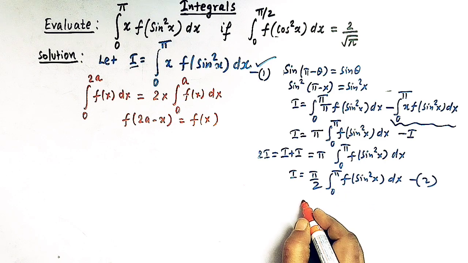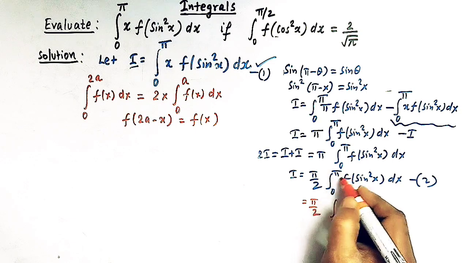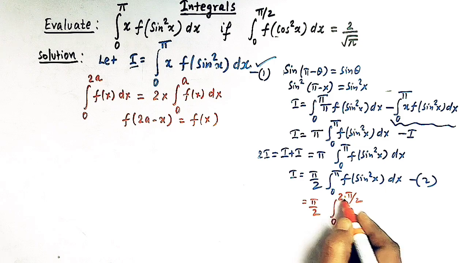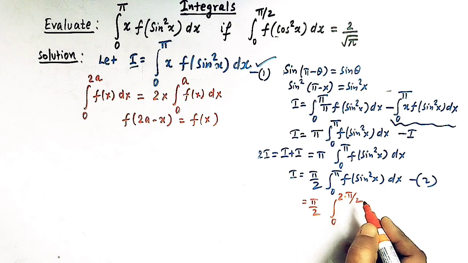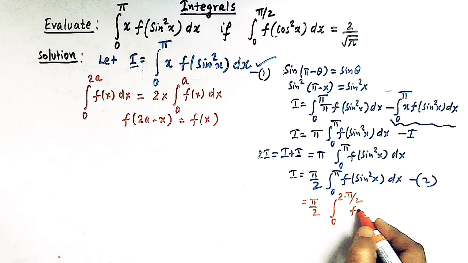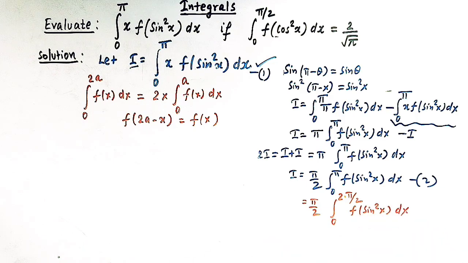So let us write this integral as 0 to here we have pi, so we can write 2 times pi by 2, because this 2 and this 2 get cancelled, and we are again left with pi, and here we have f of sine square x and dx, right?